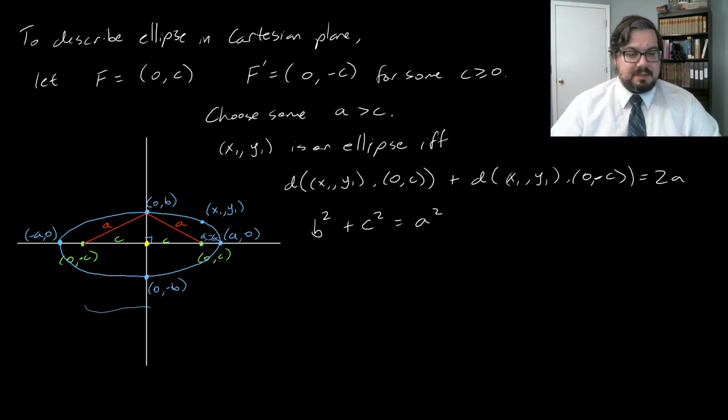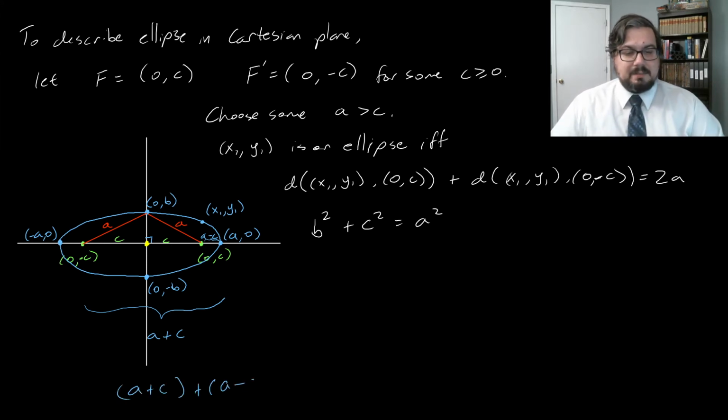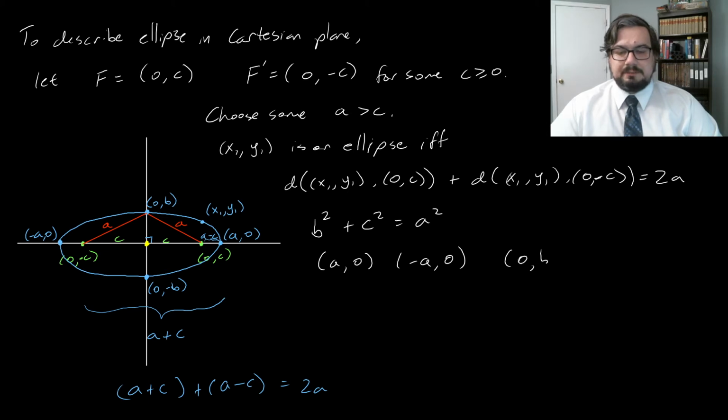And then the distance from the point a comma 0 to the point 0 comma negative c is a plus c. You've got the distance of c to the left and the distance of a to the right. And if you take a plus c and add it to a minus c, you get, of course, 2a. So that tells us that the points a comma 0 and negative a comma 0 are on the ellipse as well. So we have the following 4 points that we know are on the ellipse.